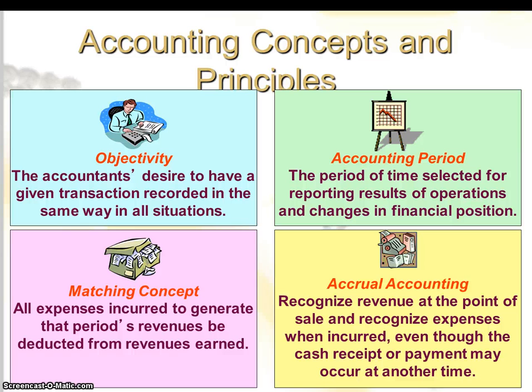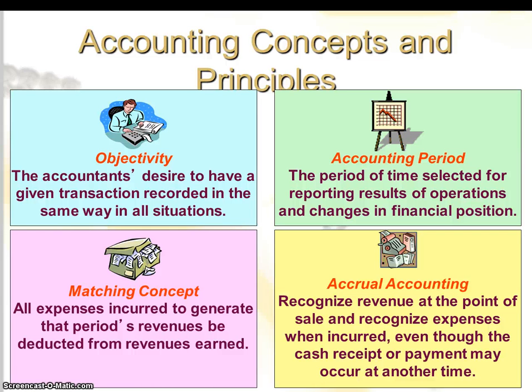revenue. And if the salesperson earned a commission or salary on that sale, they would match that commission expense or salary expense to that sale in the same period in which the sale was recorded, typically in the selling, general, and administrative expense line.